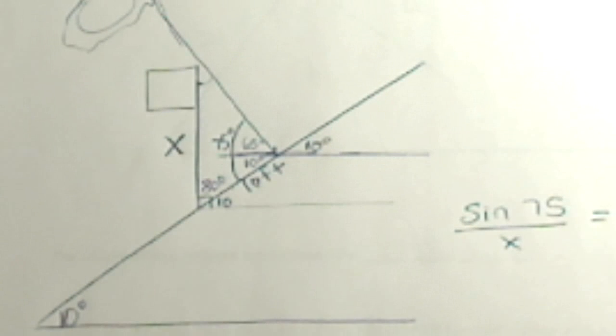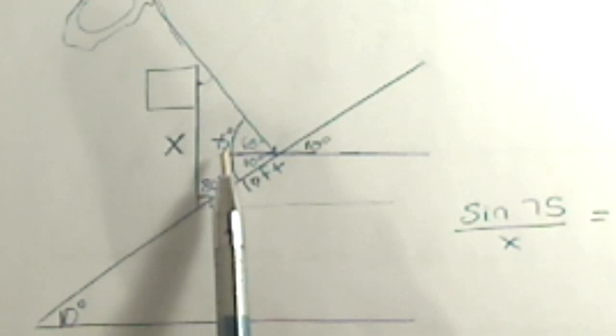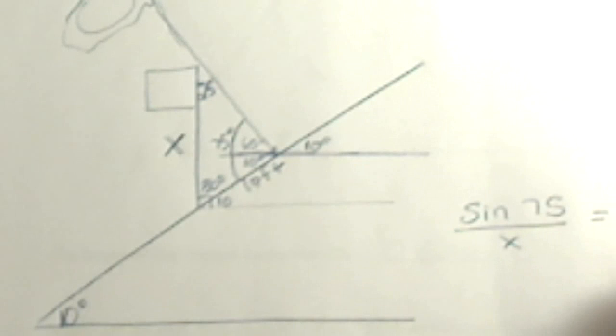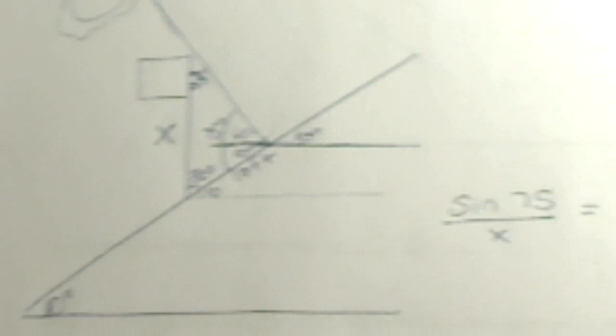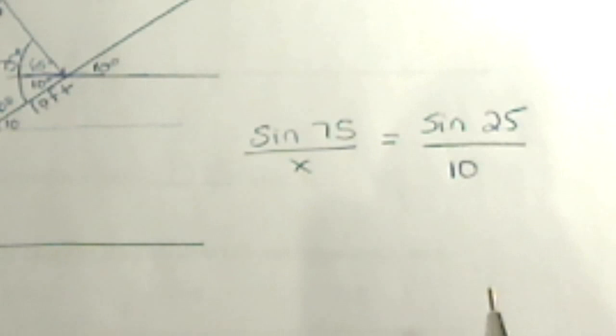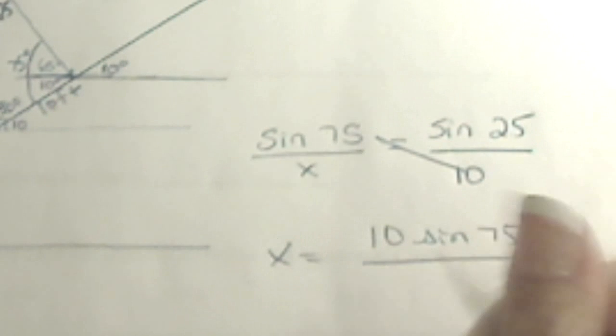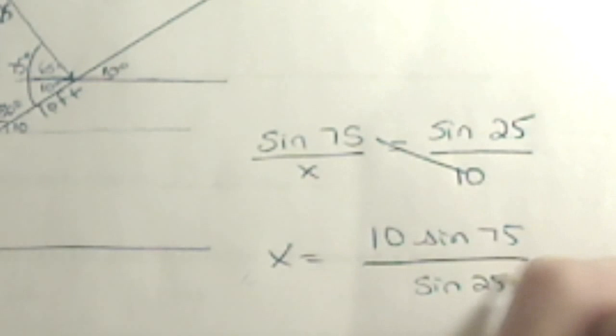I will just subtract from 180. And I get remaining 25 degrees when I take 180 and subtract the 80 and subtract the 75. I get 25 for up here. So now I can finish my law of sines. Putting that 25 degrees over, x is equal to 10 sine 75 over sine 25.